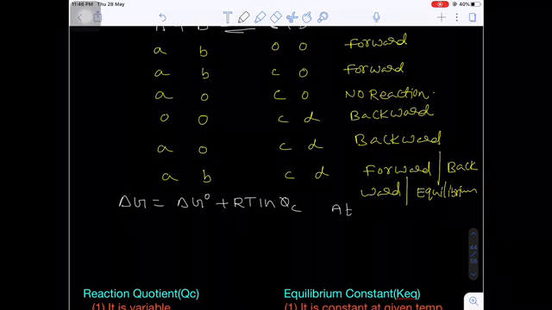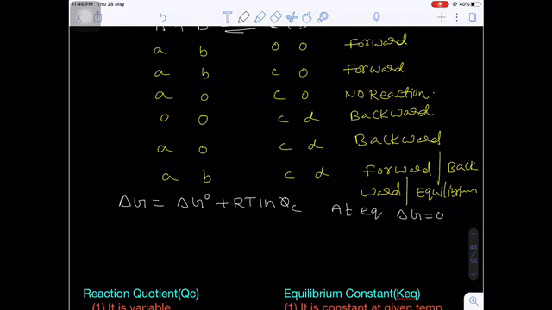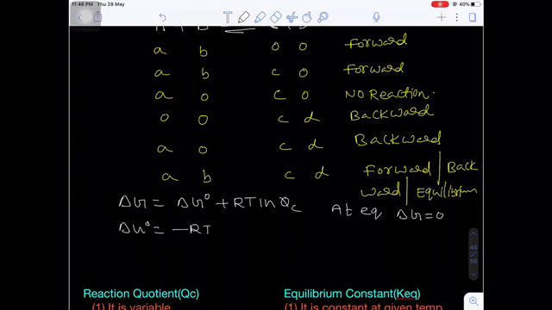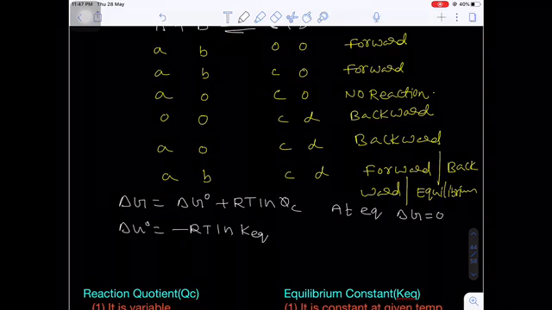Now at equilibrium delta G is 0, this is the condition for equilibrium. So from here we can write delta G naught is equal to minus RT ln K equilibrium, Qc being nothing but K equilibrium here.